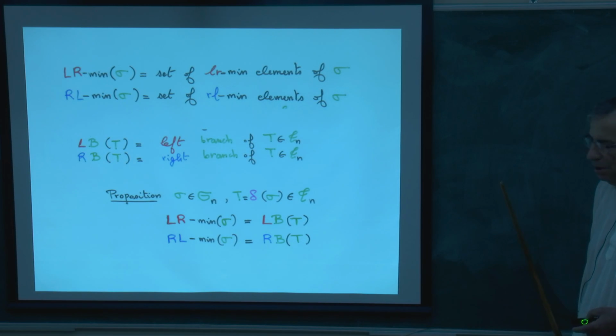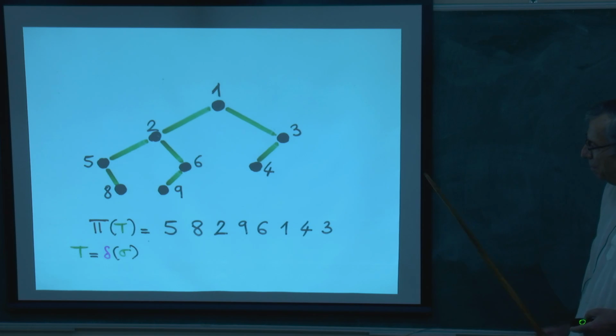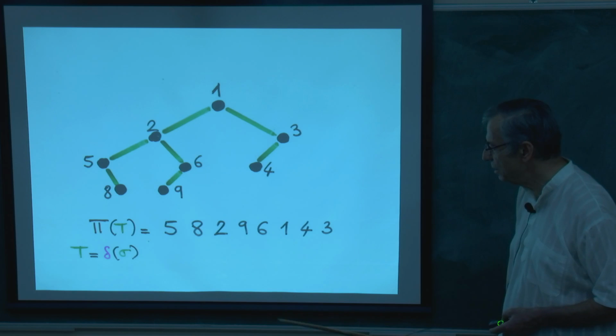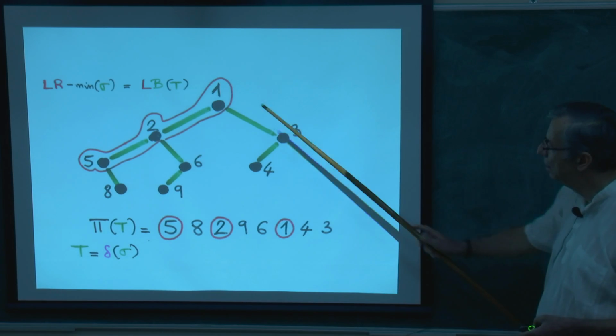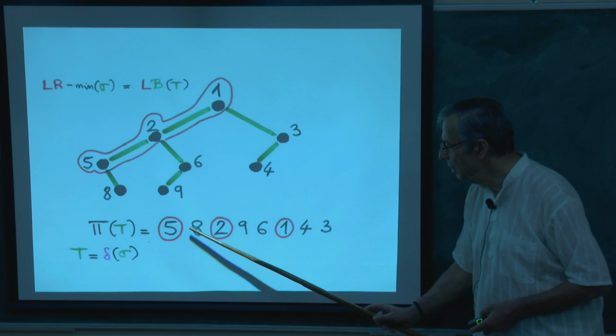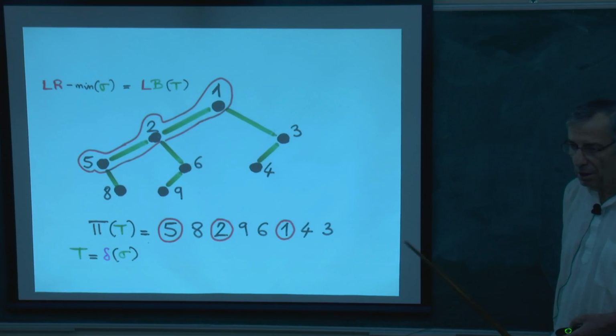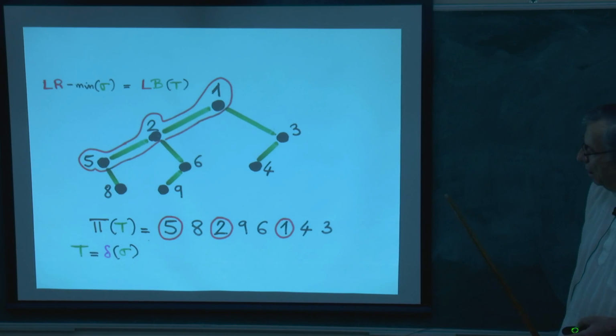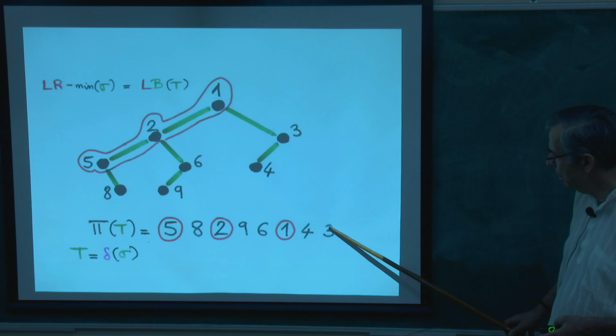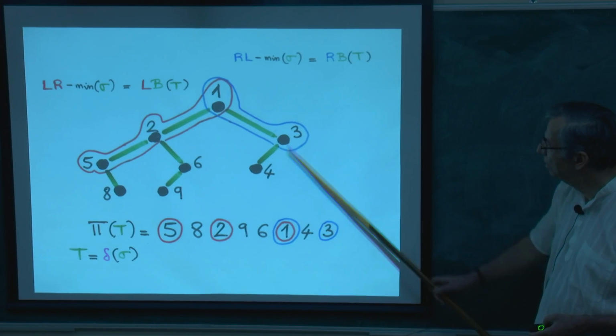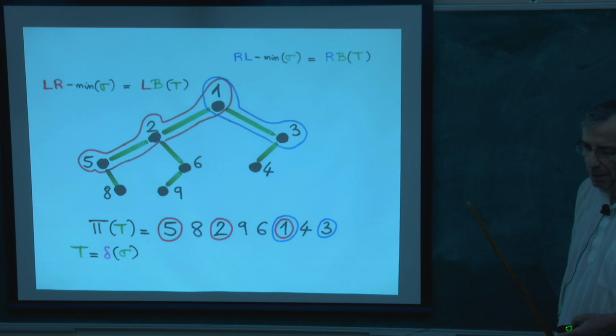This is easy to see. You just check, for example, you have this binary tree. The projection is this, and the left branch, 1 to 5, is exactly 5 to 1, the left-to-right minimum elements. And now the right-to-left is 3, 1, which is exactly the right branch of the binary tree.